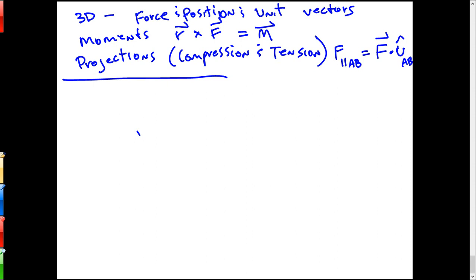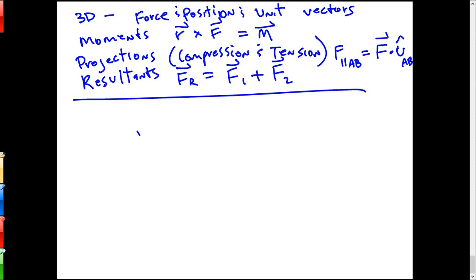Oh, and also resultants, right? There we go. So FR is F1 plus F2. Okay, and then equilibrium. There'll be something like that on there.